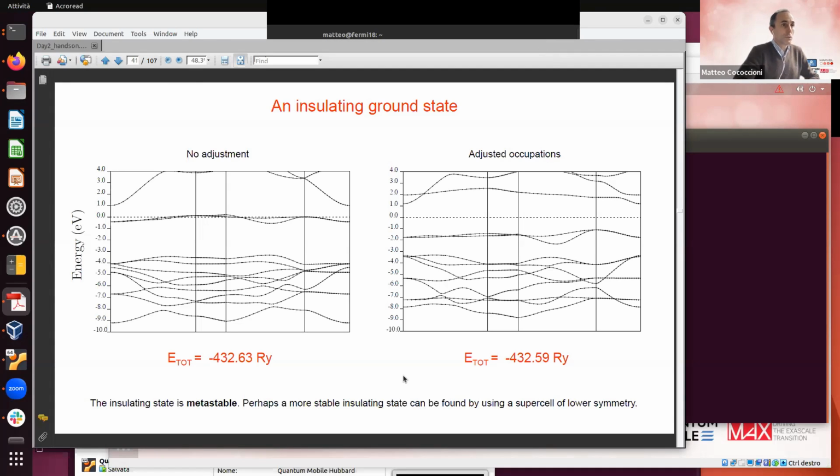But it could also be a real case. Suppose that you have converged all these parameters very well, and you might be finding something like this. Then it might mean that there is some other way to open the gap, some other way to break the symmetry and localize electrons on the d states of this material.